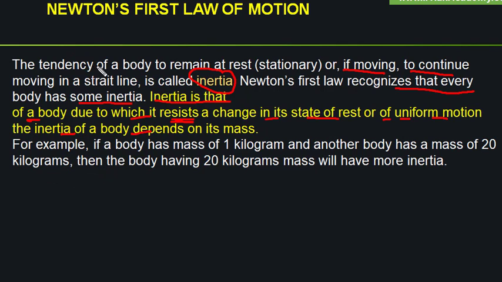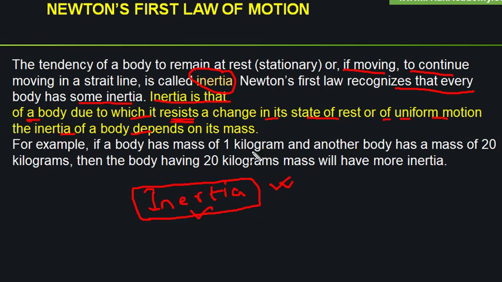So here we will learn a new term called inertia. Now Newton's first law of motion is saying this about all objects: all objects have this property called inertia. So it's very important. Newton's first law of motion introduces a new term for us. What is that? Inertia. We'll try to understand what inertia is.